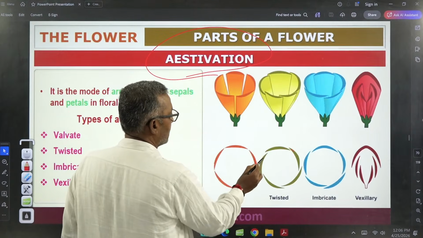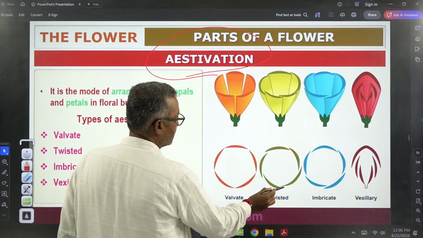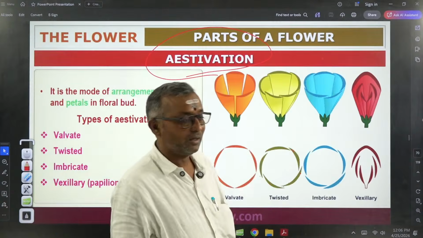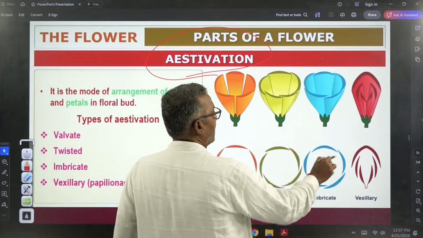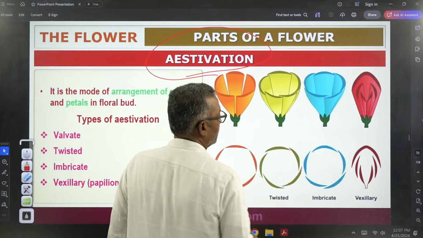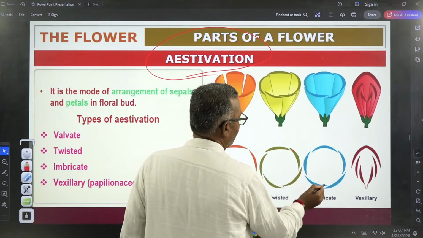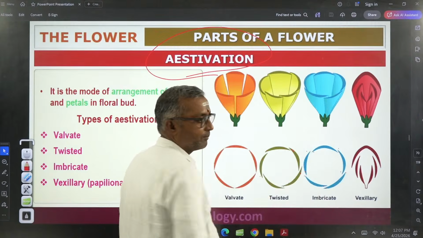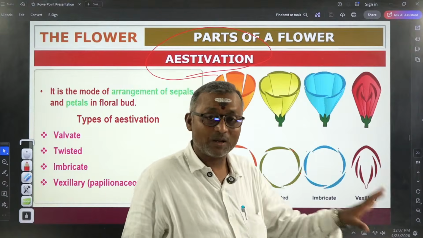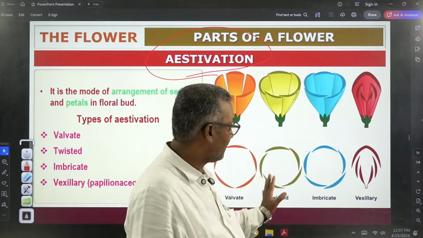Similarly, this margin is overlapping this, this margin is overlapping this, and so on. And look at here, for one sepal or petal, two margins are inside; for another, two margins are outside; for the remaining three, one inside, one outside. That means if you take the transverse section of your flower, you can observe all these details. Now this is called estivation.